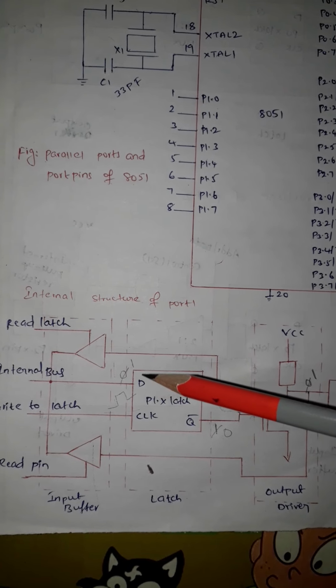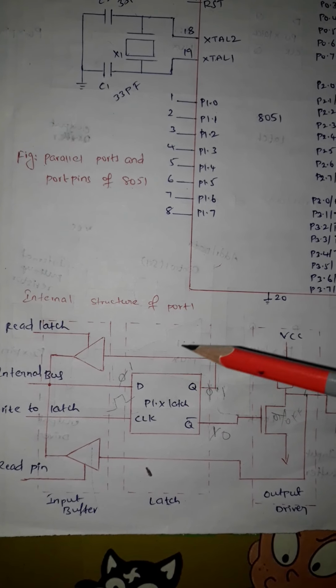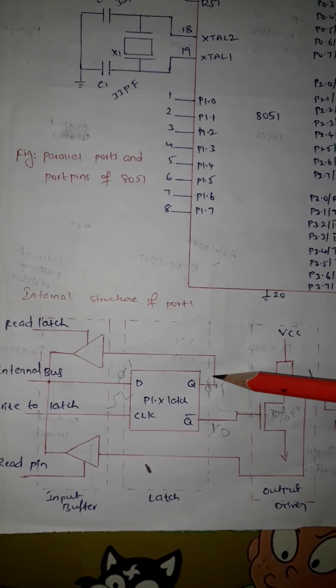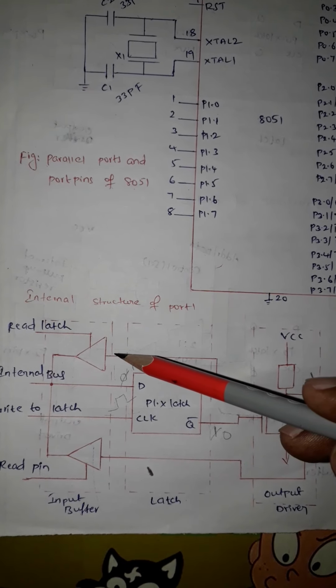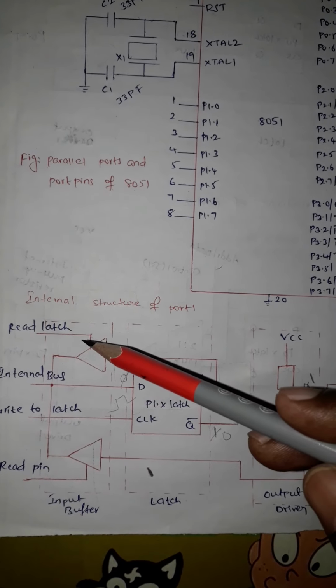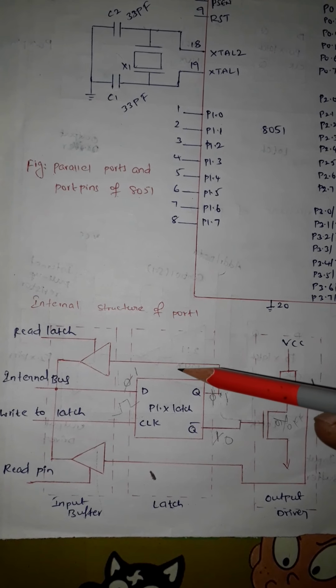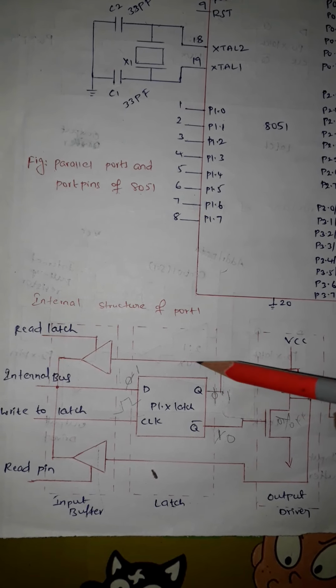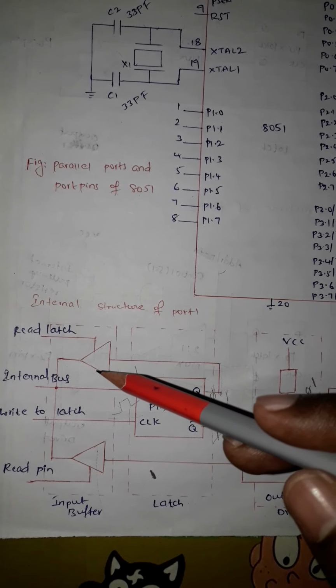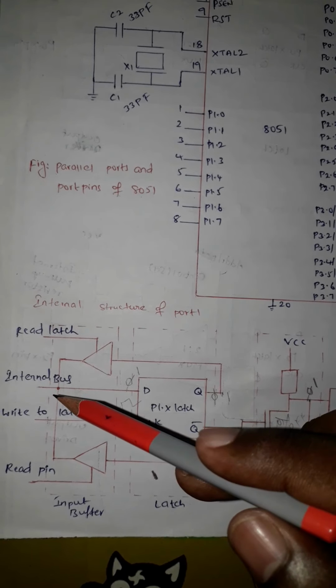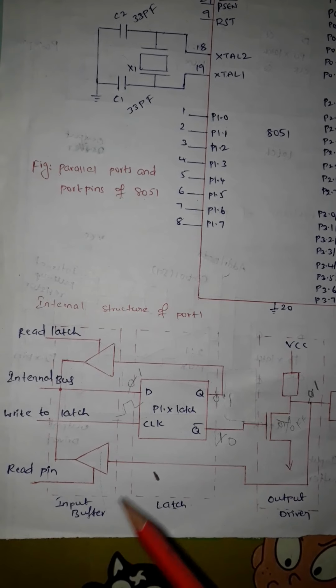You have a D latch whose output is Q, that is connected to the read latch buffer. If you make this read latch control signal high, then the output of the latch is written through the read latch buffer to the internal bus.